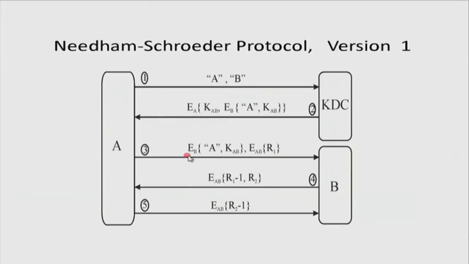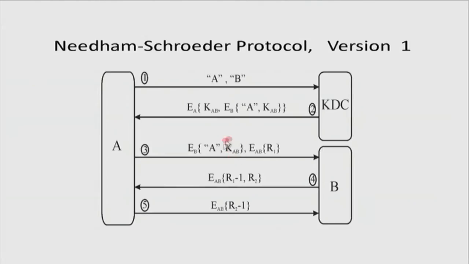So basically, what will B do? There are two parts of this message, this thing and this thing. So B will take this. B has his own long-term key. So with his long-term key, he will decrypt this. He will realize that A wants to talk to him and that A has already communicated with the KDC. This ticket has come from the KDC. He will pull out the session key.